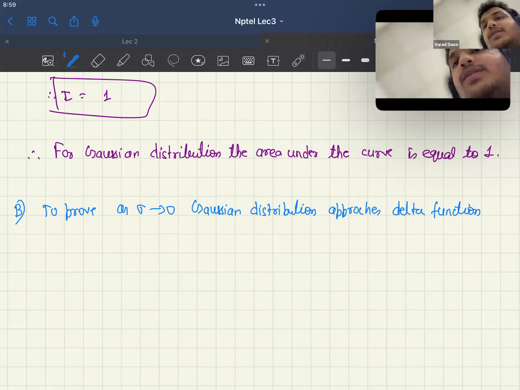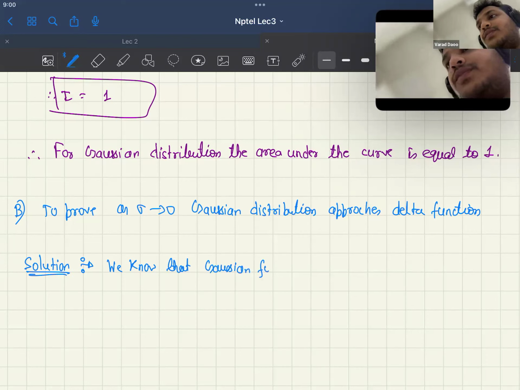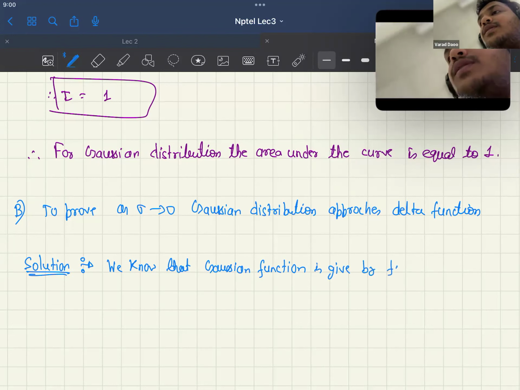We know that the Gaussian function is given by the following expression.